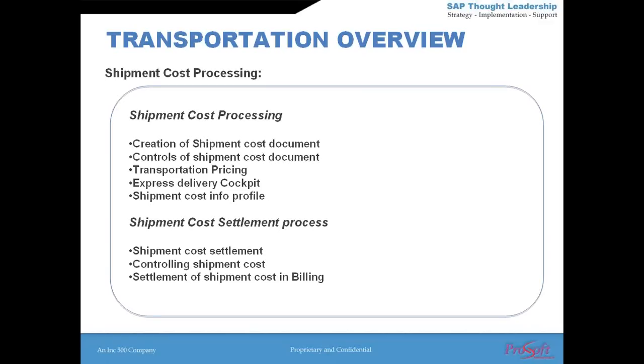And the biggest thing that comes up, since we have been talking of shipment cost and other things, is who is going to pay for it? Is the price of the shipment to be paid by the customer or by the vendor? That is where the total settlement has to be looked at. SAP gives you the functionality of whether the cost can be settled by the vendor or by the customer in the cost settlement process.